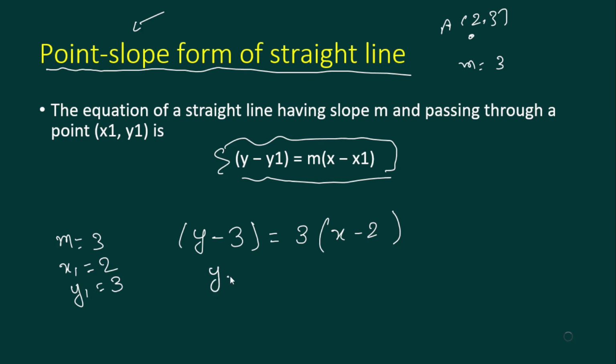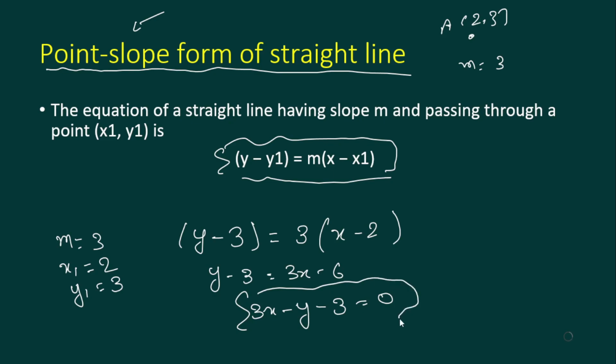So this is y minus 3 equals 3x minus 6. So this will be 3x minus y, and the rest goes to this side with plus, so minus 6 plus 3 is minus 3. So this will be the equation of the straight line. So by using this equation you can find the straight line, in which we have a given slope and a given point.